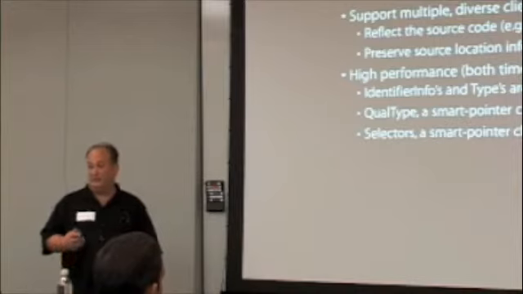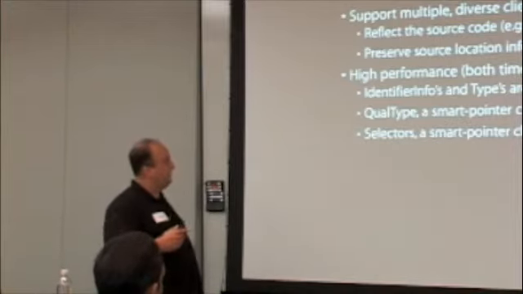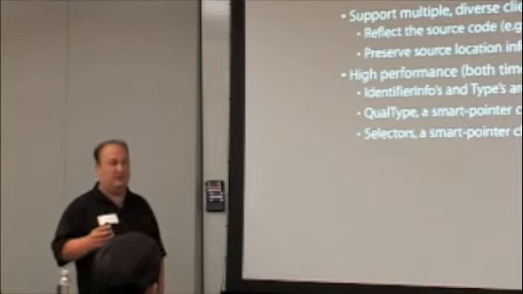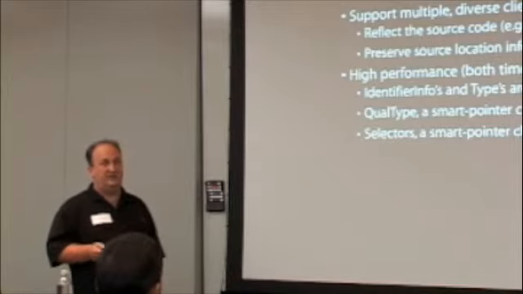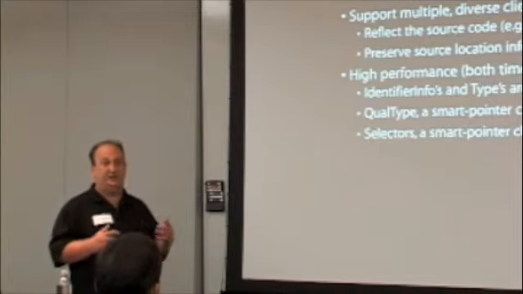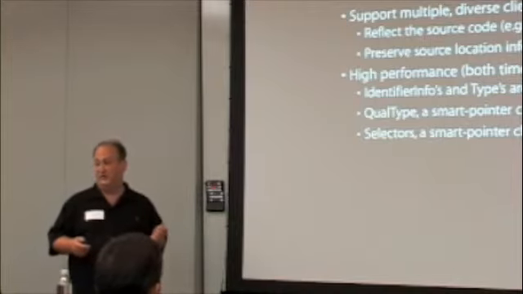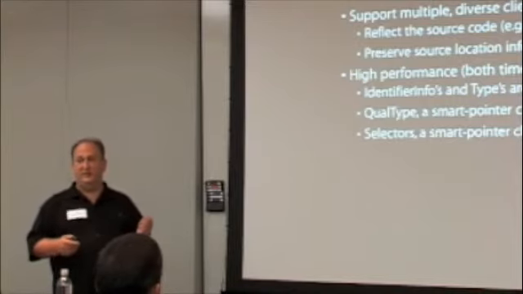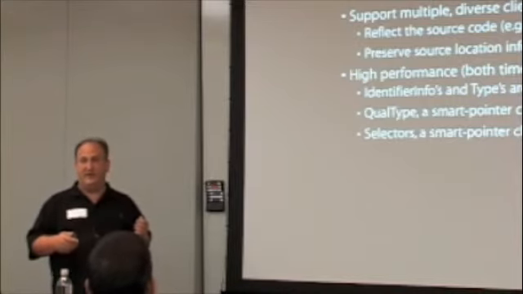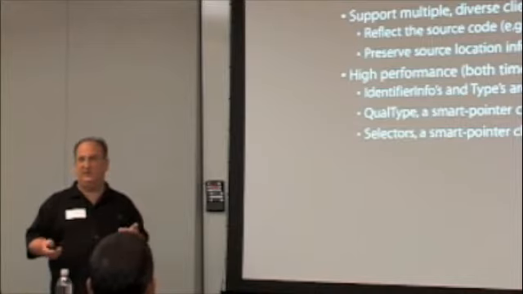AST requirements: we want to support multiple diverse clients. Modeling a program for diverse clients is actually a tricky thing. It requires that you develop those clients hand in glove with the data structures. So we are developing many different applications to validate what we've done with the ASTs. For example, one of the modules I wrote over the past year was a fancy rewriter that refactors code from ObjC to C code.